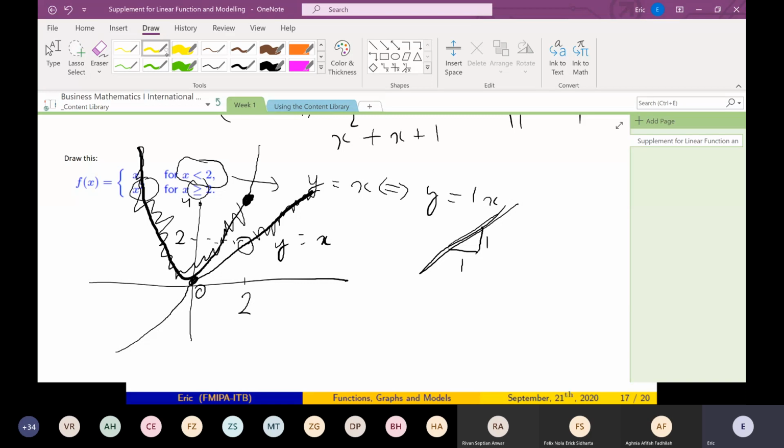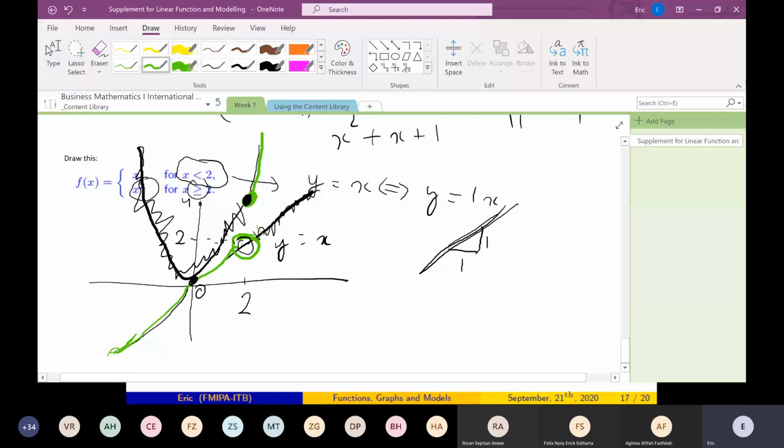So my graph should be like this. This is for x less than 2. This is not included. It goes to here, and jumps to here. Can you follow me? This is what we usually call a piecewise defined function. We just draw x, and eliminate what we don't need, so we don't need it when x is greater than or equal to 2.